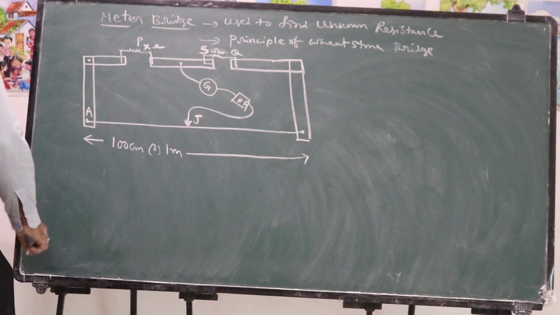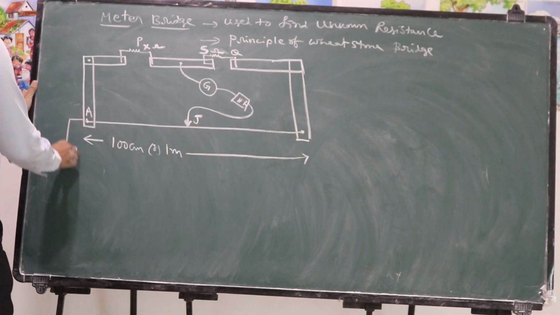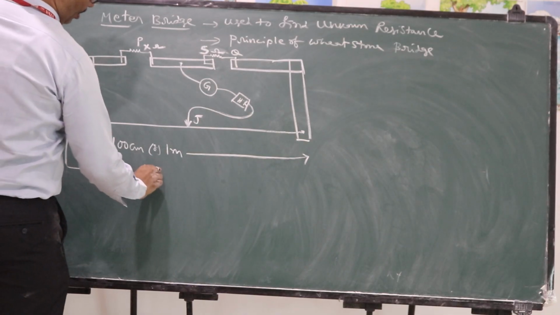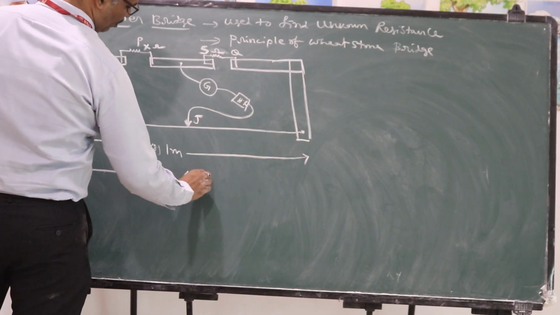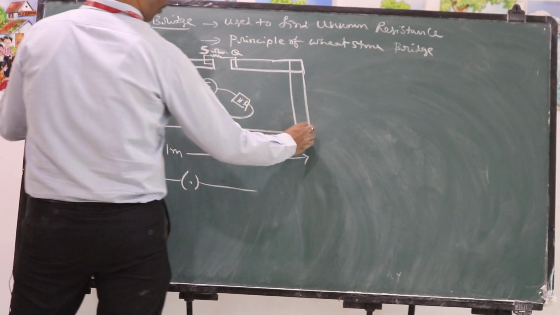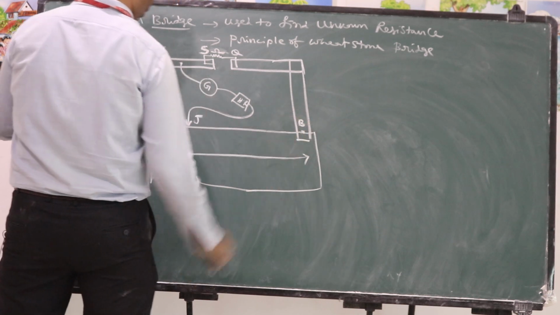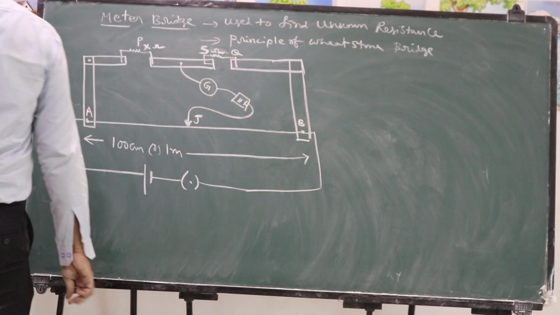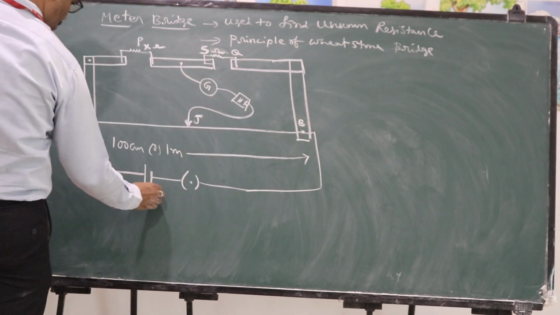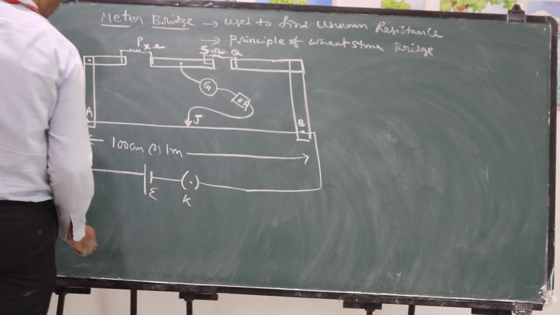Between the terminals A and B, we connect a source of EMF E through a key K.